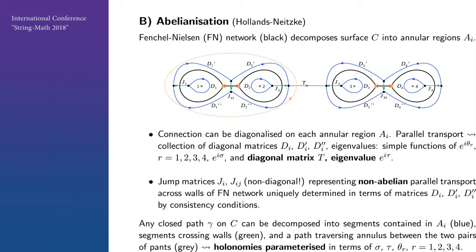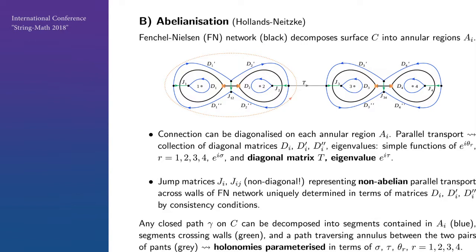What remains to be done is to specify what jumps we need to make, or what the connection matrices are, when we cross the walls of a network. Say, for example, to go from this normalization point to this normalization point, I have to cross the network. And this is where non-abelianness is coming in.